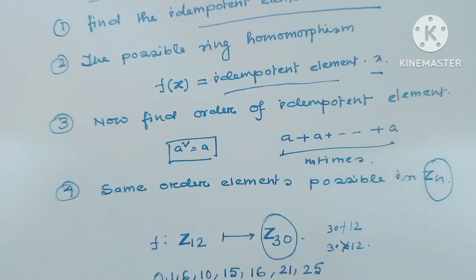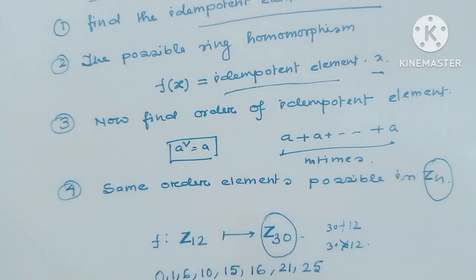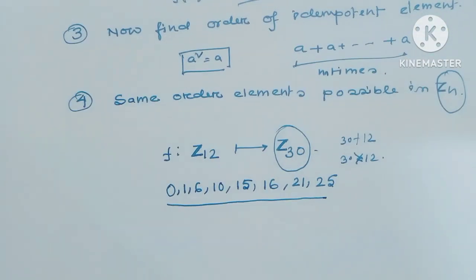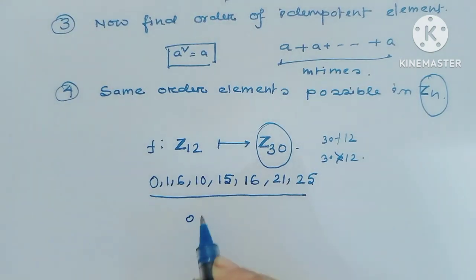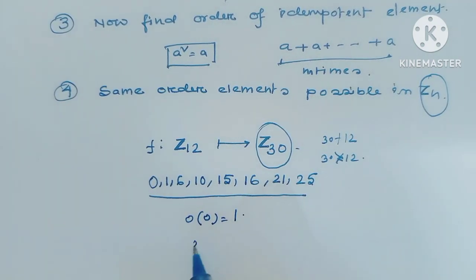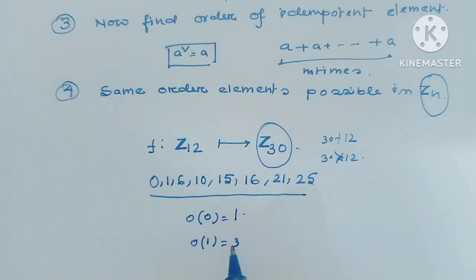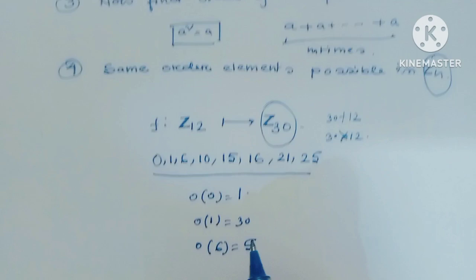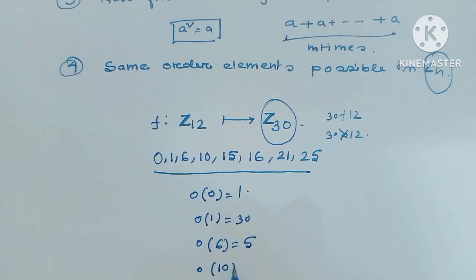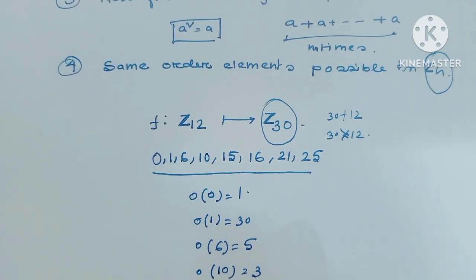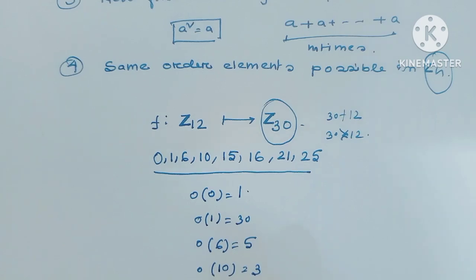Now we have to find the order of these elements in Z30. The order of 0 is 1. The order of 1 is 30. The order of 6 is 5. The order of 10 is 3. The order of 15 is 2.